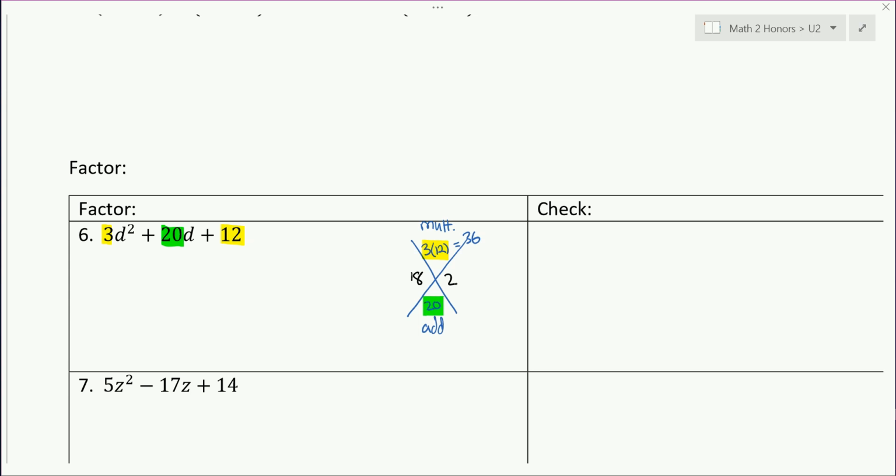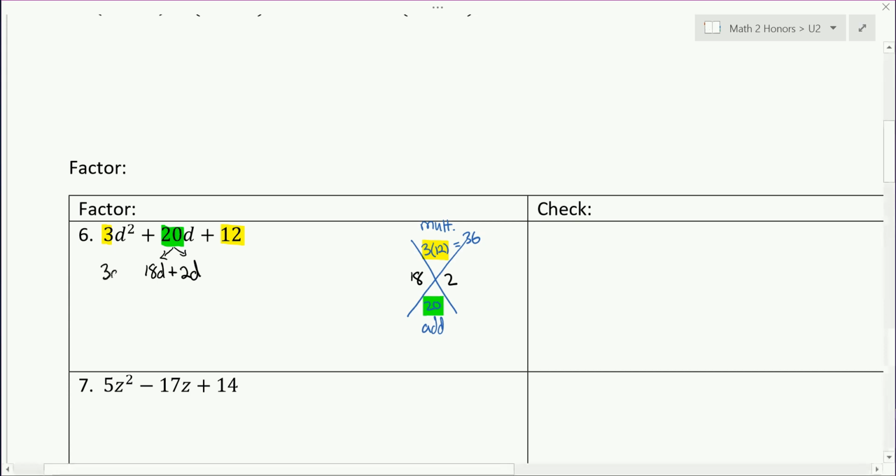Once you get this far, you know everything's going to work out fine. So once you have the 18 and the 2, that's going to split up your middle term. Right now I have 20 D's. I'm going to split them up to 18 D's plus 2 D's. So it still adds up to 20, but I'm splitting it up in a specific way, coming from the 18 and the 2 that we found here.